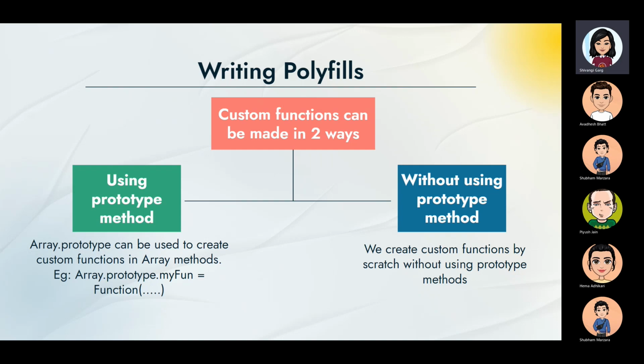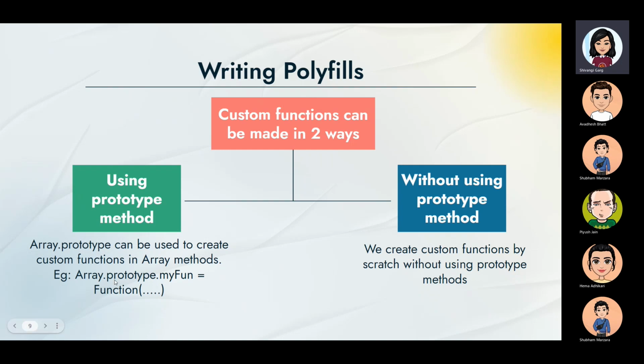To create custom functions, we can use the prototype method. Prototype methods can be used to create custom functions. For example, I can create my custom function inside the array methods. As you know, array has a lot of methods: filter, map, reduce.